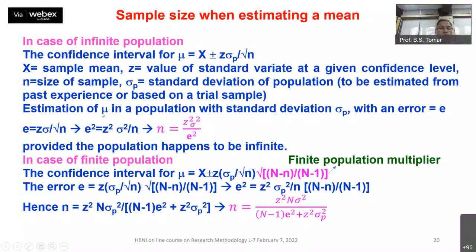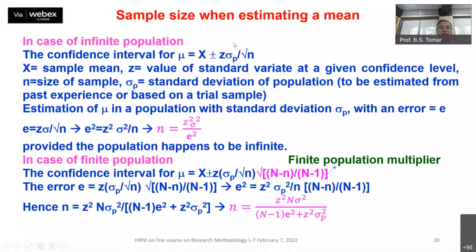So this is the estimation of mu in a population with standard deviation sigma_P. Suppose you are given a certain error, let us say 2% error between mu and X; I am calling the error E. What should be the sample size if you are given the error?